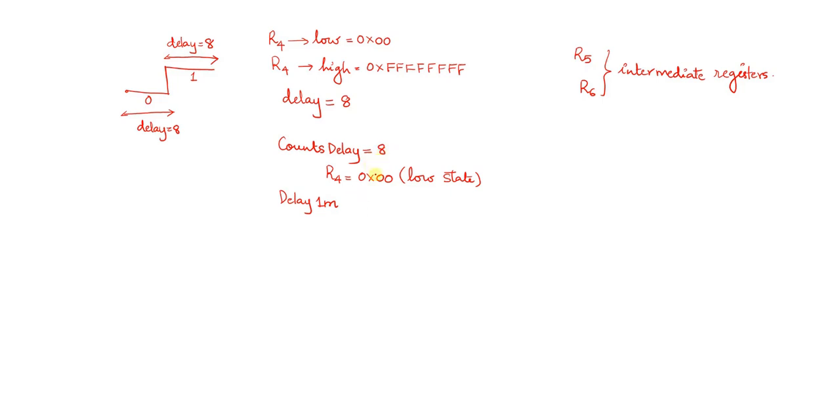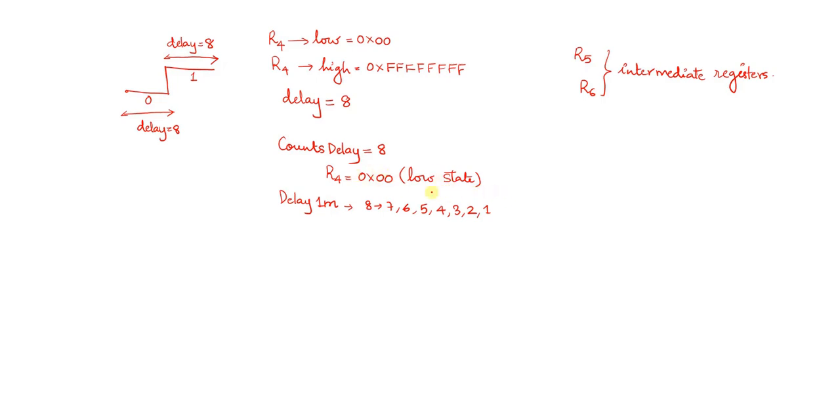So since it was 8, it will go on decrementing from 8, it goes to 7, then 6, 5, 4, 3, 2, 1. Okay. So as long as it is going to be decremented and reaching a value equal to 0, the output is going to remain in the low state itself.